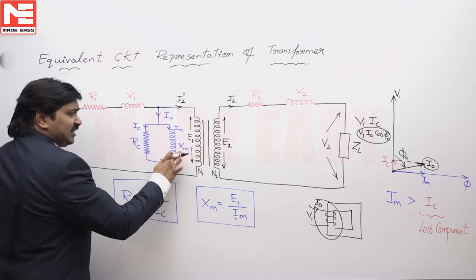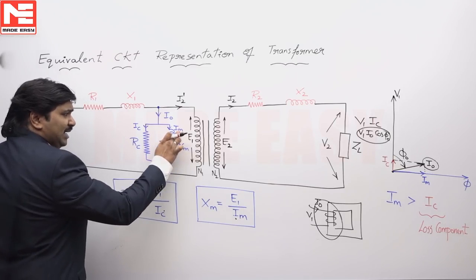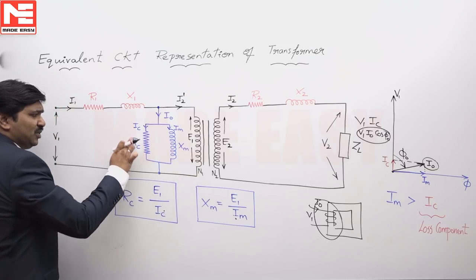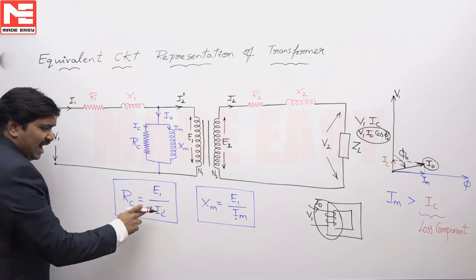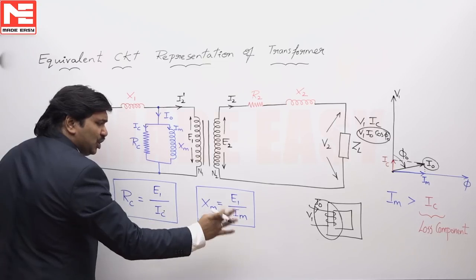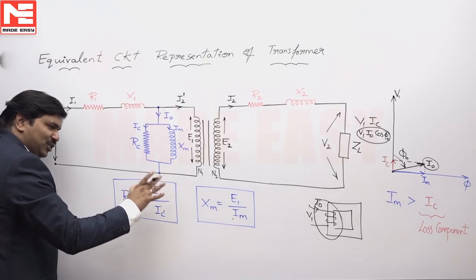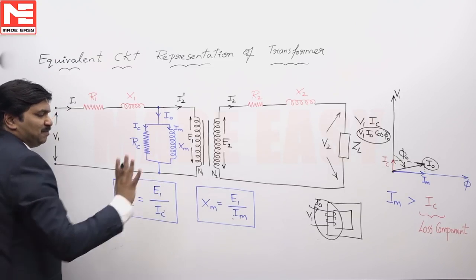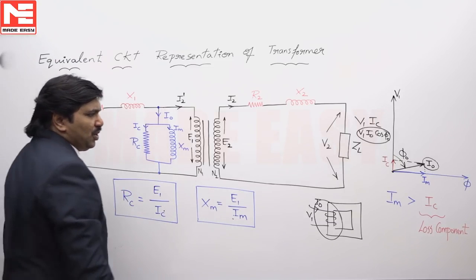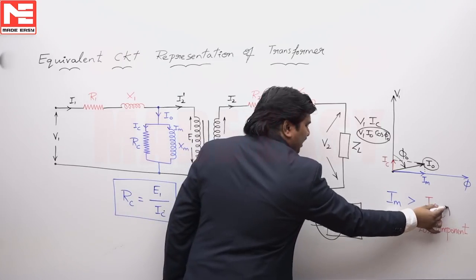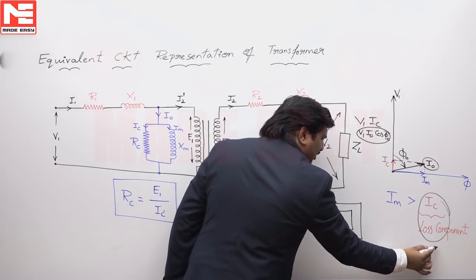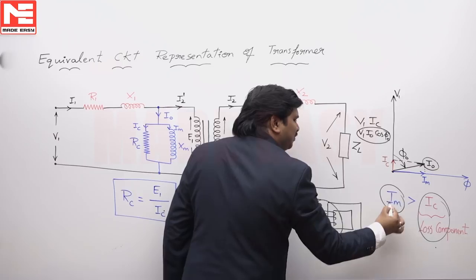We have taken XM. Now, IM value, XM value, IC value, RC value. If you see, IC, IM values don't depend on RC, XM actually. RC, XM values depend on IC and IM. Now, on no load, as the loss component is very small, generally IM value is bigger than IC.